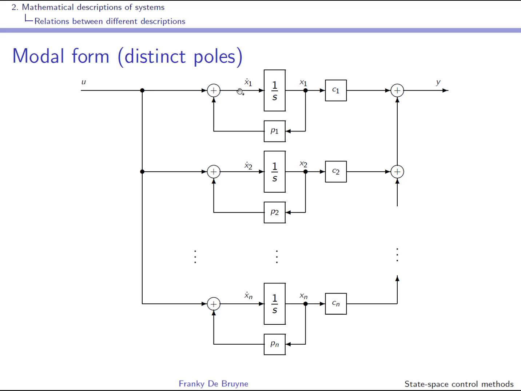Remember that this equation implements simply x1 dot is U plus p1 x1. Okay, so you have this for every single system, and then x1 is the state, x2 is the state up to xn, and then you have to take the linear combinations of the states using the coefficients c1, c2 up to cn.